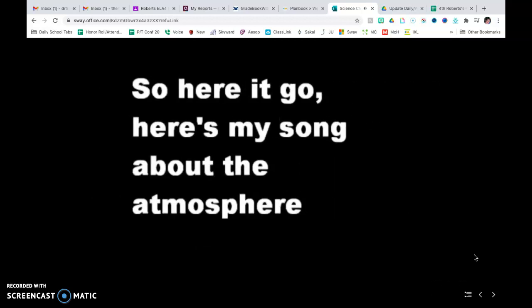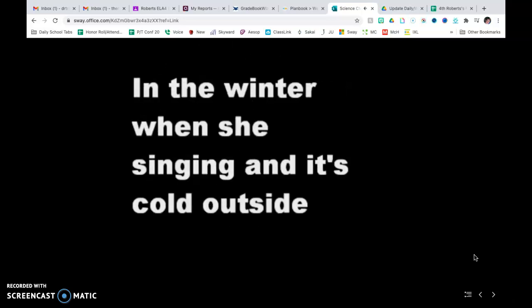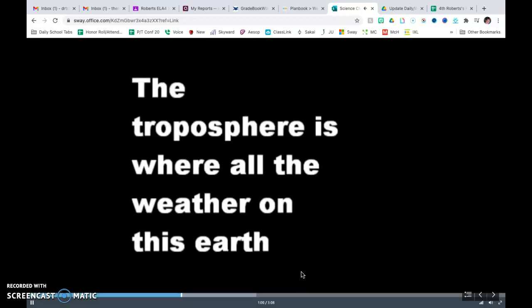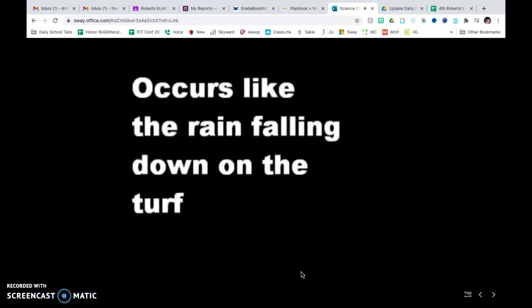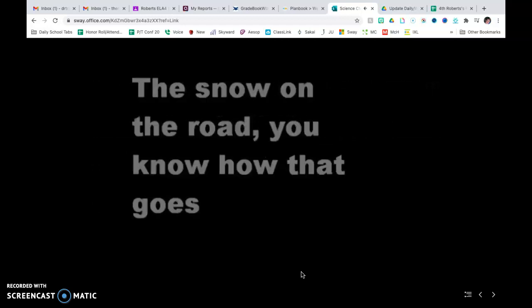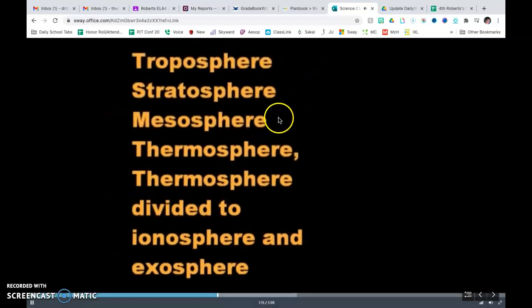So here we go, here's my song about the atmosphere. It's made up of layers like Britney Spears. Okay, here's what you need. Is where all the weather on this earth occurs. Like the rain falling down on the roof, the snow on the road. You know how that goes. Slipping and sliding so much the school's closed. Troposphere, stratosphere, mesosphere, thermosphere, thermosphere divided to ionosphere and exosphere.